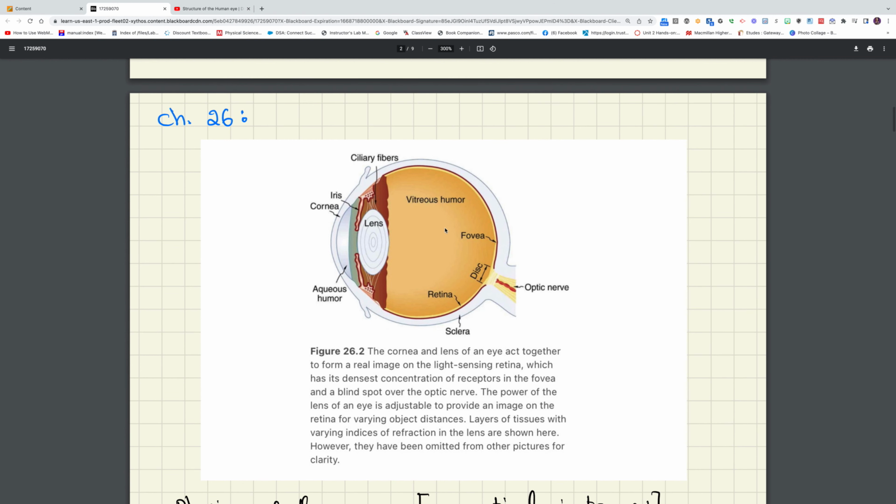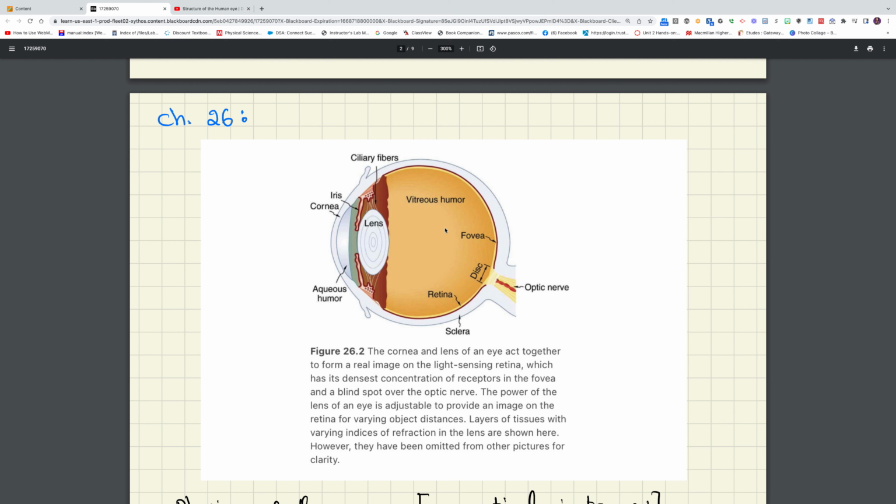Now, the retina is very rich with cells that are receptors of light in the fovea, and they are going to send this information to the optic nerve, and the optic nerve is going to send it to the brain, and the brain is going to recognize the image.